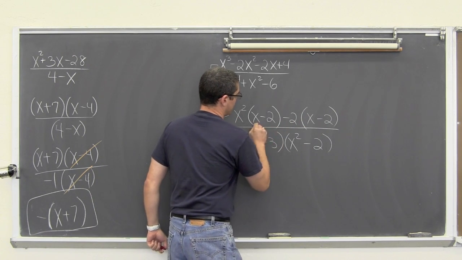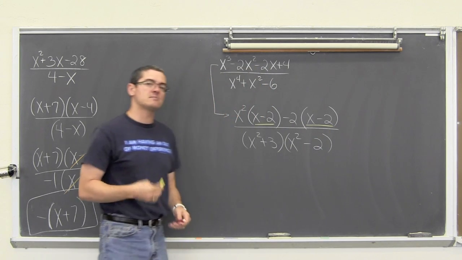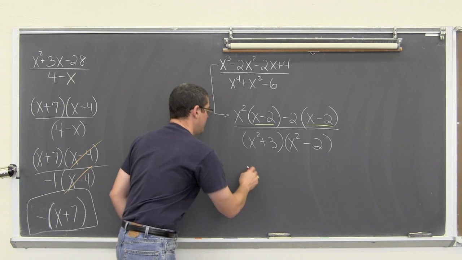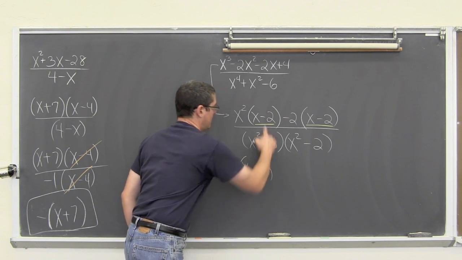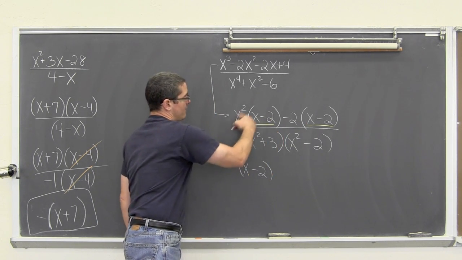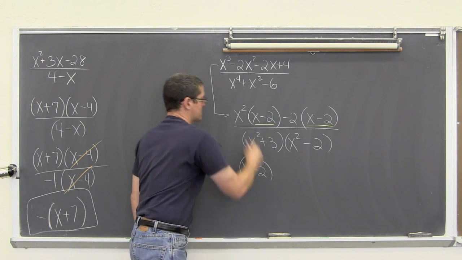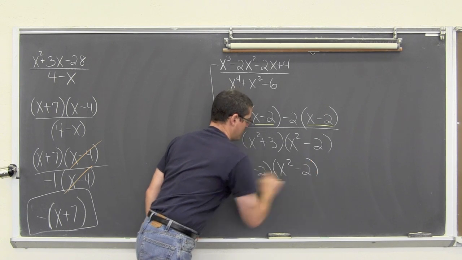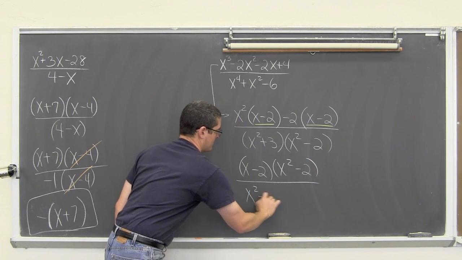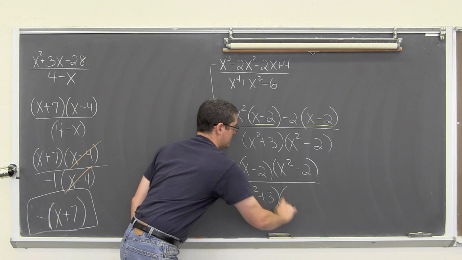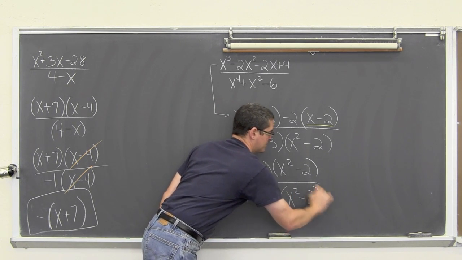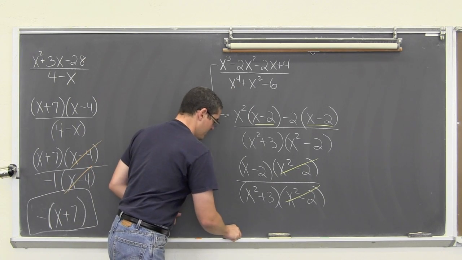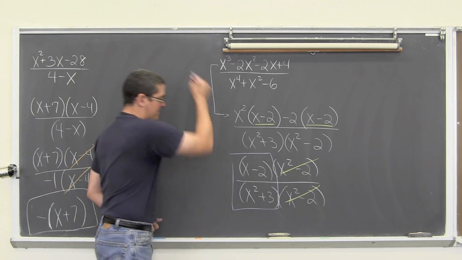Now within each group, we have a common factor of x minus 2, so I'm going to take the x minus 2 out of the top two terms and write x minus 2. Now if I take x minus 2 out of the first term, I get x squared. And in the last term, I'm left with negative 2 over x squared plus 3 times x squared minus 2. And that common factor of x squared minus 2 cancels out. And here is our final answer.